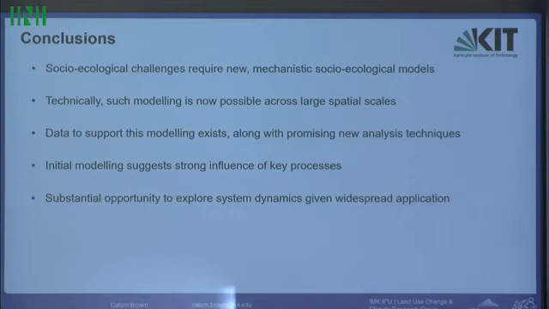We have analysis techniques that are in many cases young but promising, and we have models ready to do this sort of thing. And the initial modeling that I've shown, and other early stage models that have been published, suggest that when you include those processes, you get qualitatively different results to when you ignore them. So if they're important, we do have to model them for decision support.